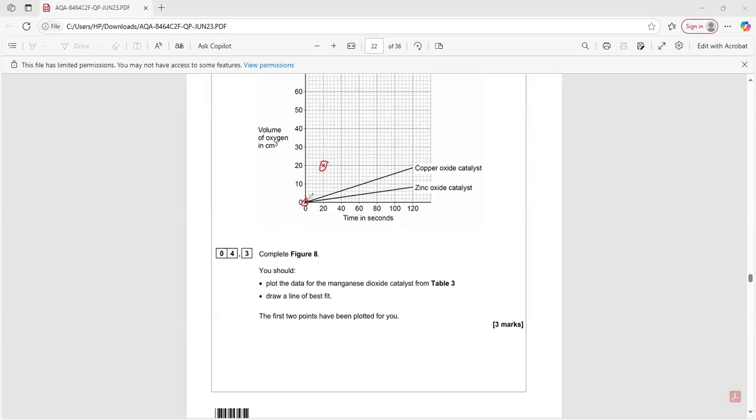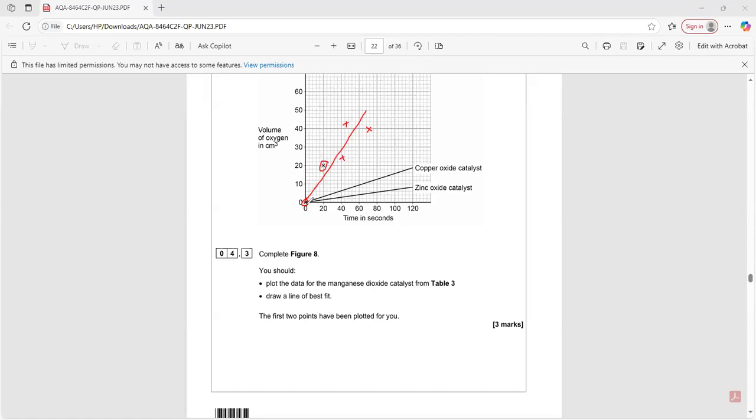So what that tells me is that manganese dioxide's graph will look something around here. And I'm purposely not joining the 2 points because the question is saying that it's a line of best fit. So that means that some points will fall on this side of the line, some on this side. I'm not accurate with this, but I'm just presuming because it said line of best fit.